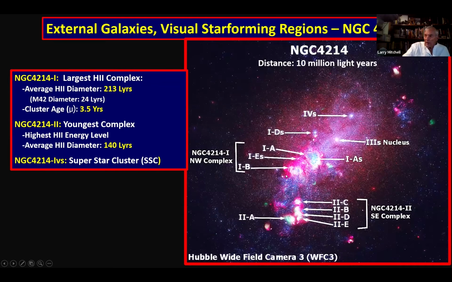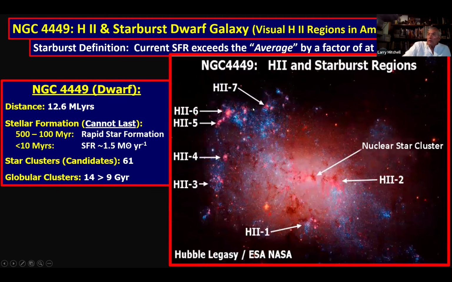You can see this fairly easily in amateur instruments and this as well. And of interest is IVS. That is a single superstar cluster, which you can see in this galaxy. This is in the Canis Venatici group. So it's about 40 to 50 million light years away. So that is a huge star cluster there that can be seen as a separate object.